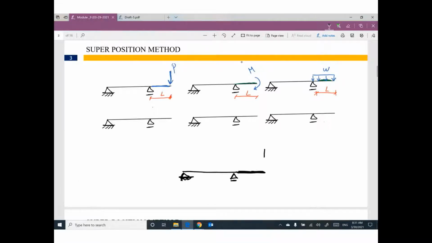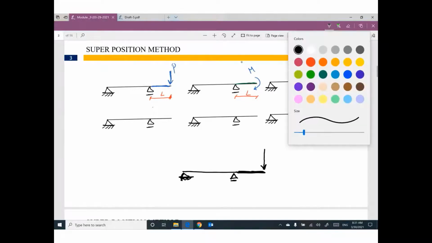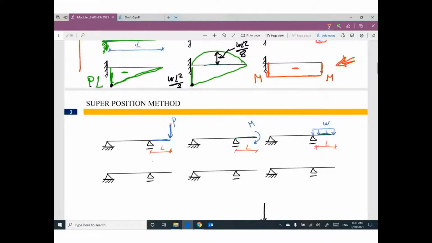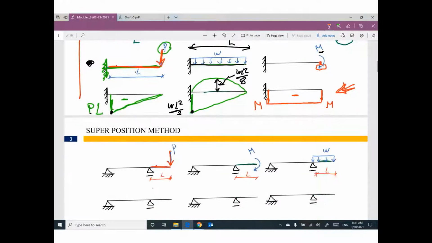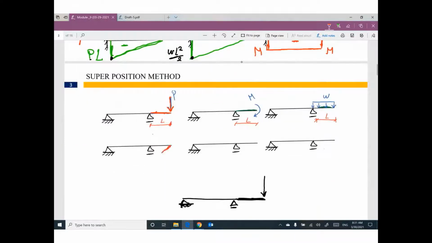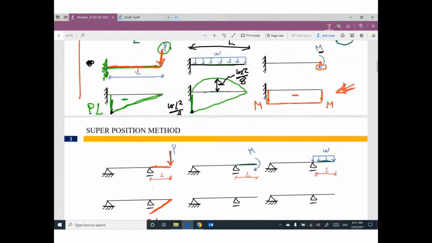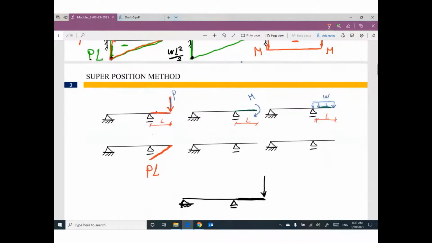If you have a concentrated load here, this concentrated load on this part of the beam looks like this concentrated load on this part of the beam. So I will have a triangle, PL, like this one, PL, this triangle. And then I will connect between this value and the 0 value.